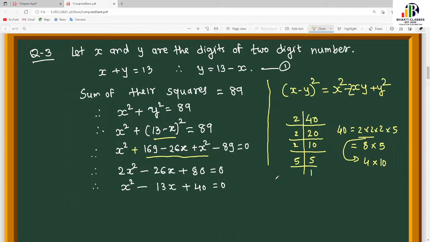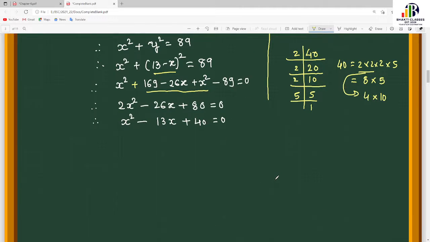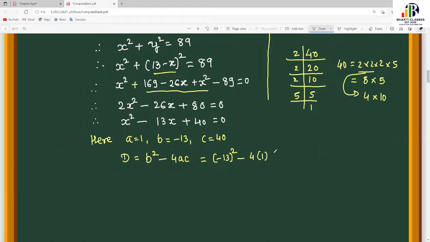We will find the discriminant delta. So here A is 1, B is minus 13, C is 40. So discriminant D is equal to B square minus 4AC. So minus 13 the whole square minus 4 into 1 into 40.